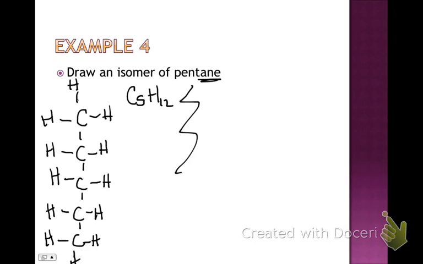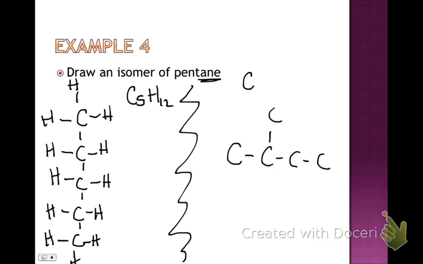I have to draw something that's a little different from it. So I'm going to do that on the right-hand side. The nice thing about hydrocarbons is that you can also have them branching off of one another. So I could have the 4 carbons in a row and then another carbon coming off of it. So I still have 5 carbons, and we can just check the number of hydrogens to see if we'll end up having the right number of hydrogens.